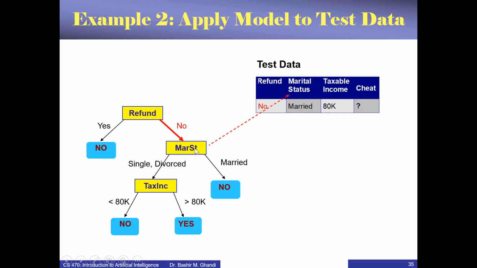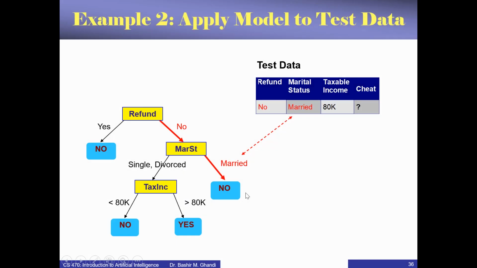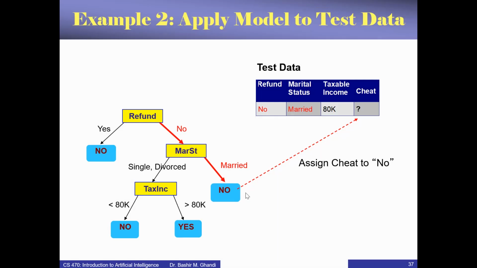So according to the tree, we should go to the right. And clearly, without even checking the income, the tree is able to help us to say, no, this is not a cheater. At least based on the data we have, all married people are good people. So for the class we're going to assign no. Okay, this is the idea.